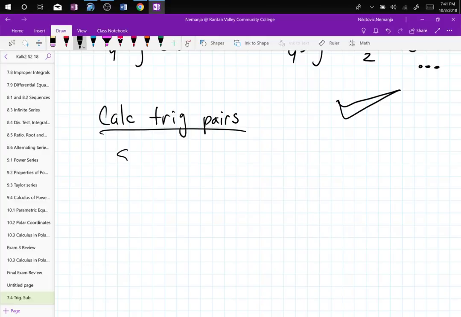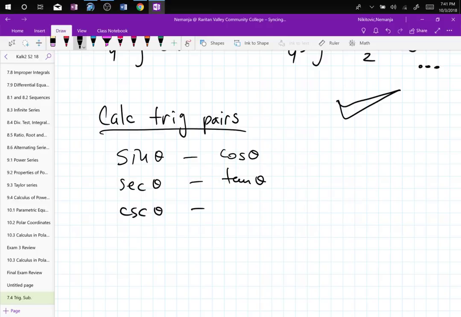And so trig pairing, sine theta with cosine theta, secant theta with tangent theta, cosecant theta with cotangent theta. And this goes for derivatives, integrals, and Pythagorean identities of this sort. So this pairing is always observed. If you ever get a sine cotangent pair, something is really wrong there.